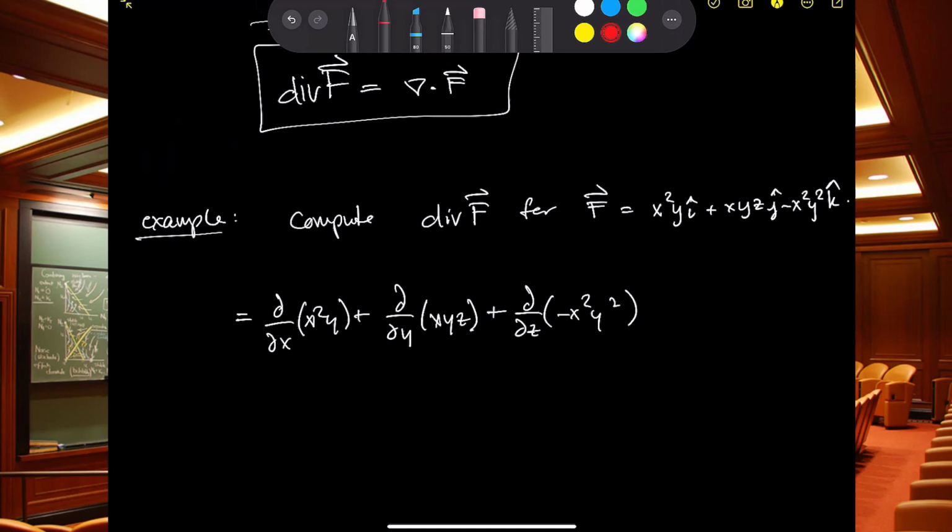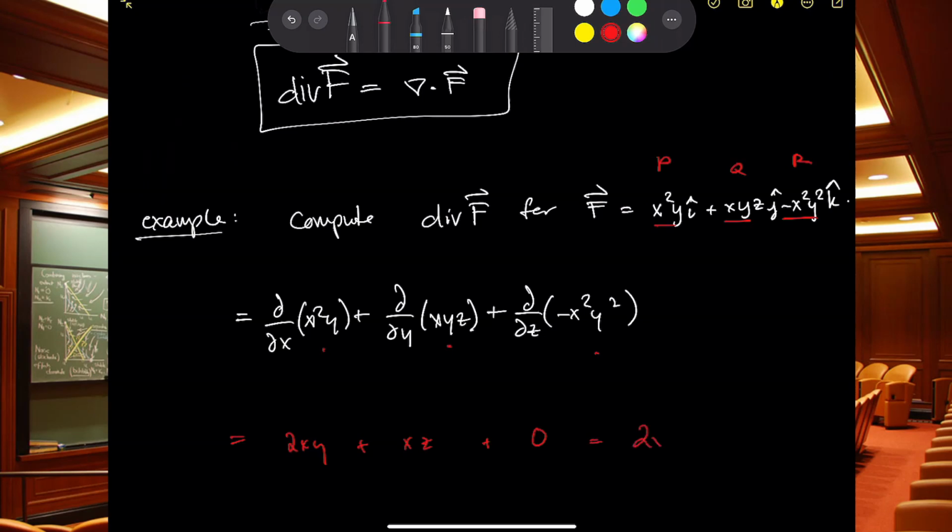So again, if this is your P, Q, and R, then we know that we're taking the partial of each of these here. And so we should get 2xy plus xz plus 0.